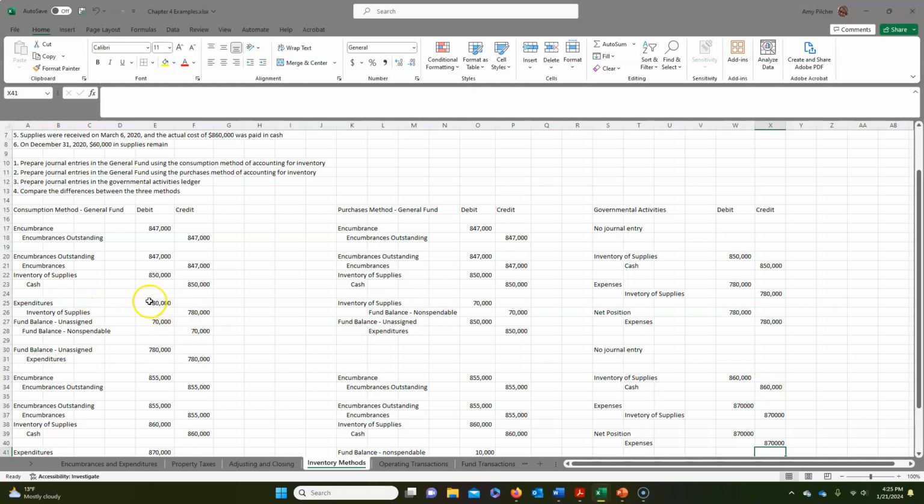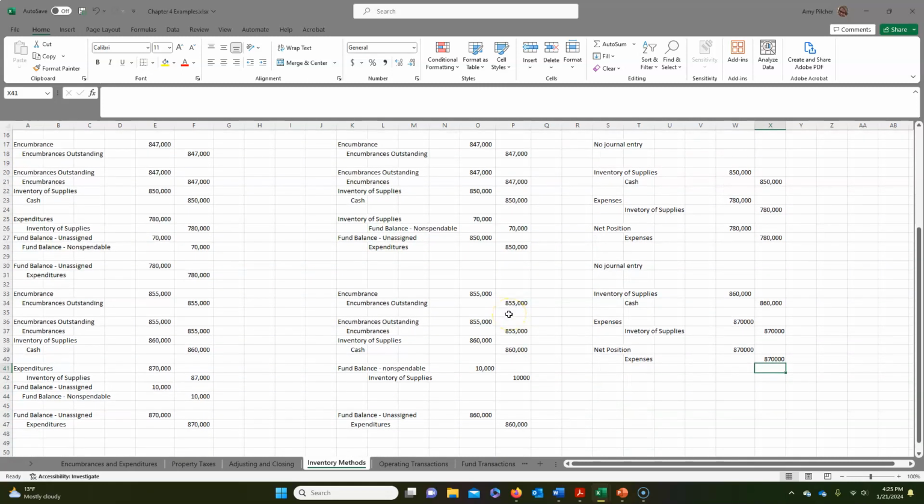So, of course, we record expenditures here, and then we have the remaining amount. Here we have expenditures for the full purchase amount instead of what's remaining. So, of course, governments get a choice on which one of these consumption methods or methods that they use for accounting for inventory, supplies inventory.